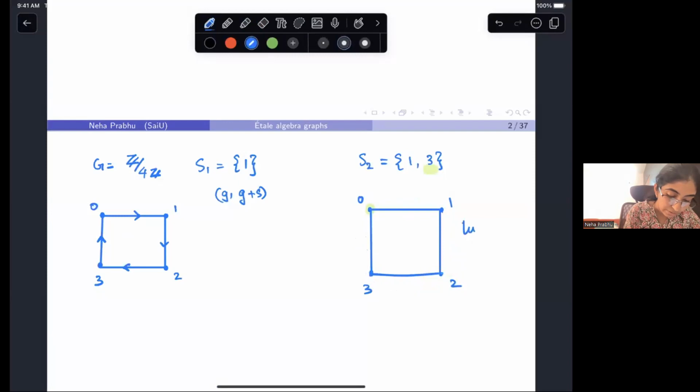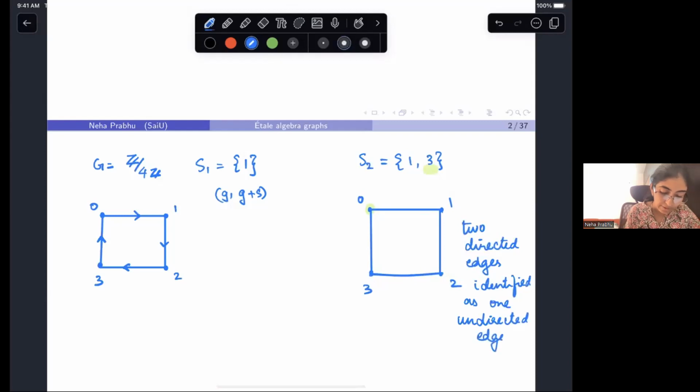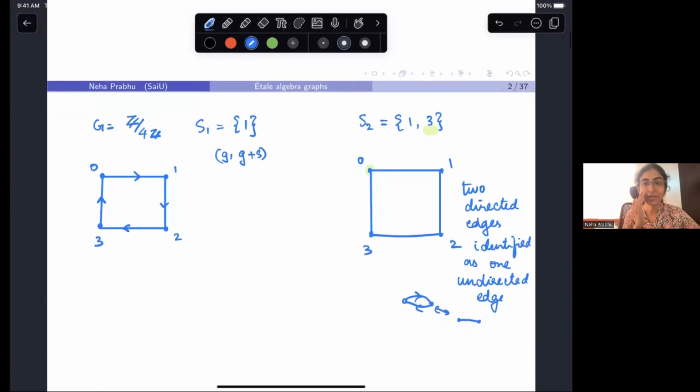Two directed edges are identified as one undirected edge. So this thing becomes just that. I hope it's clear what these graphs look like when you take some simple examples.